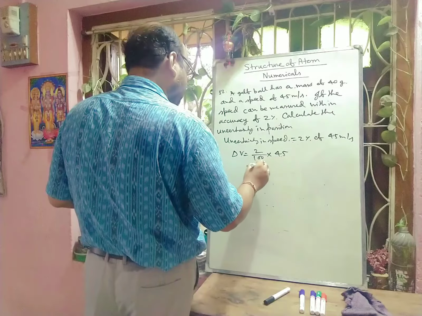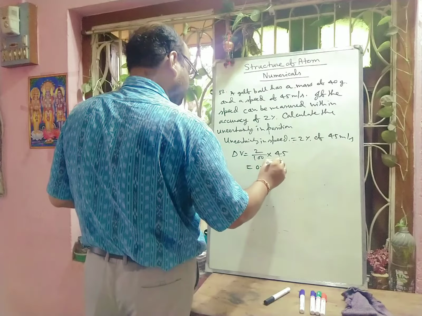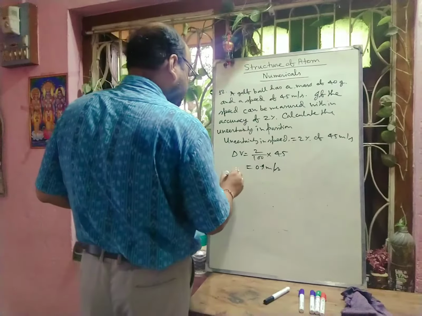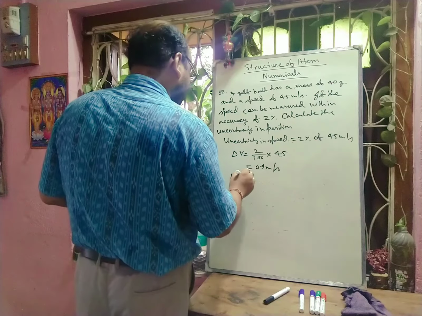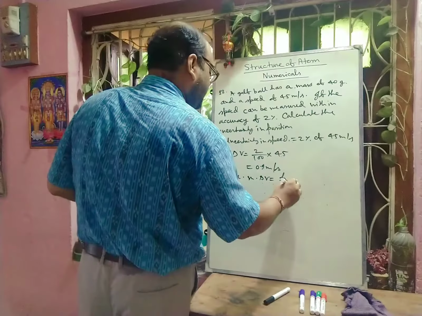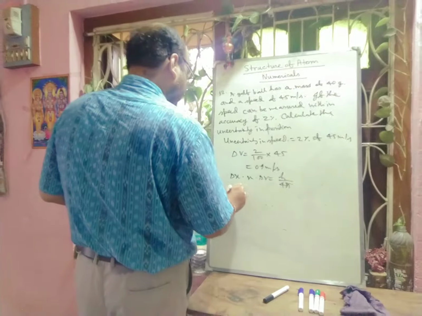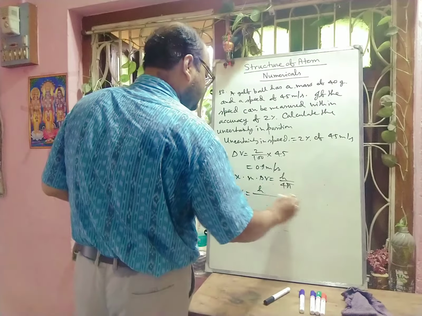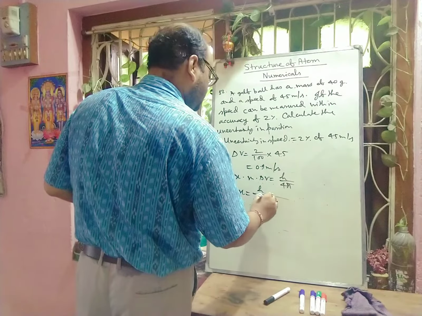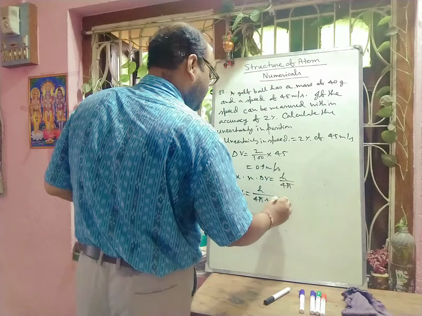If you calculate, you will get 0.9 meter per second. Now you have to apply the Heisenberg uncertainty principle, that is delta x into m into delta v is equal to h by 4 pi. So delta x is equal to h by 4 pi m into delta v.